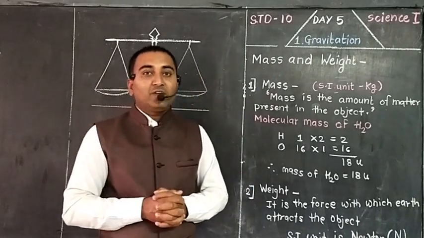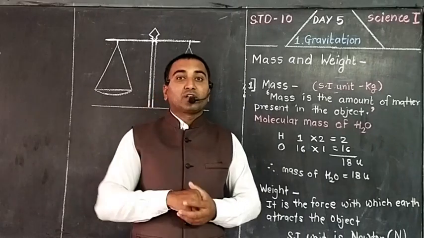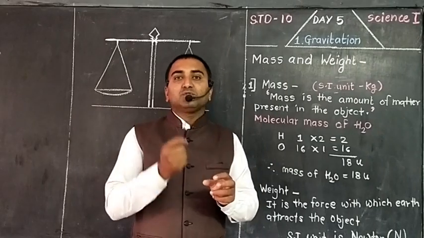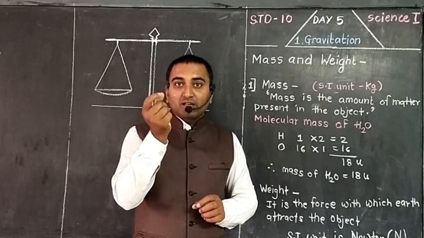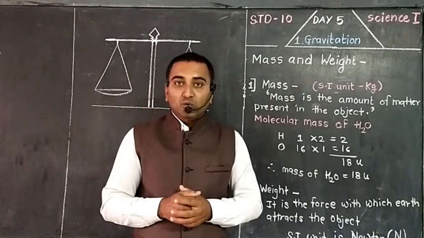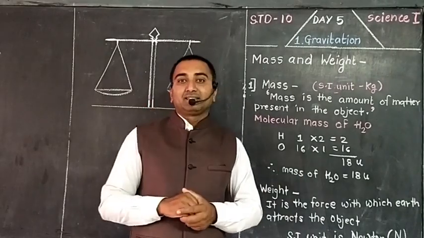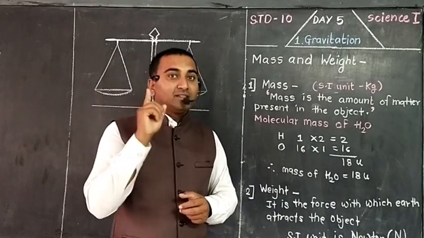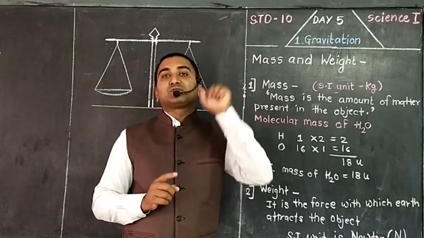Suppose we have laddus, motichur ke laddus. What is within that one? Motis, that is the boondi. If one smaller particle has a mass of 1 gram and the laddu is made up of 1000 such small particles, so each particle's mass is 1 gram, and it is made up of 1000 particles.